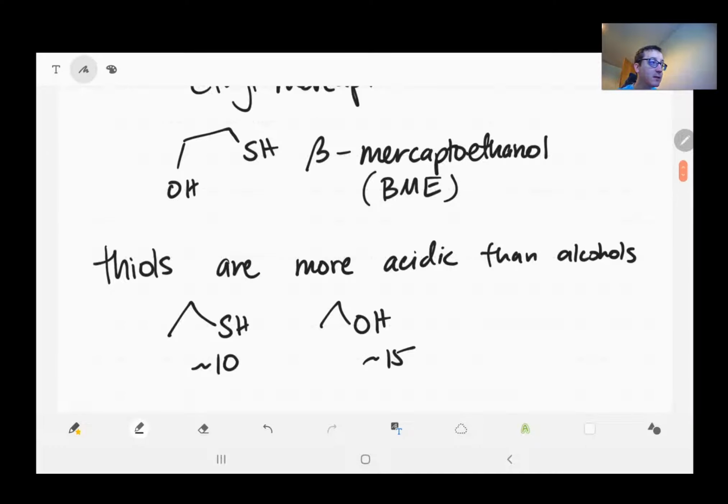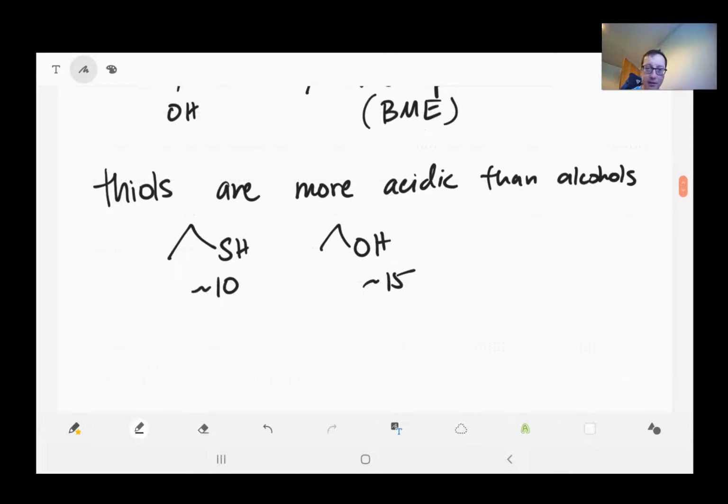The hydrogen on the sulfur is much more acidic because the sulfur is bigger than the oxygen is. It can hold the negative charge better. It's a little bit more polarizable. So we see that those are better acids. Just things that you've probably already seen before.